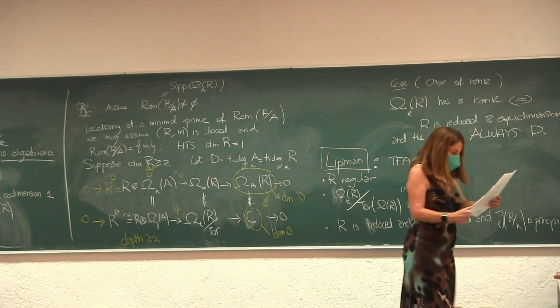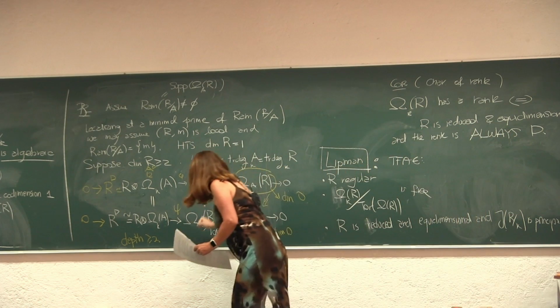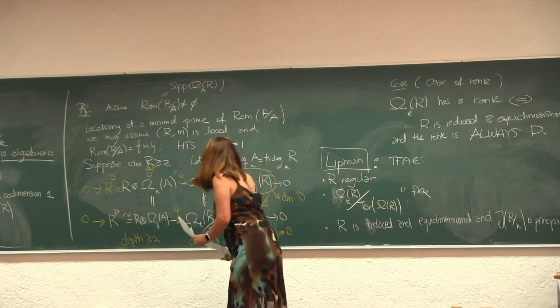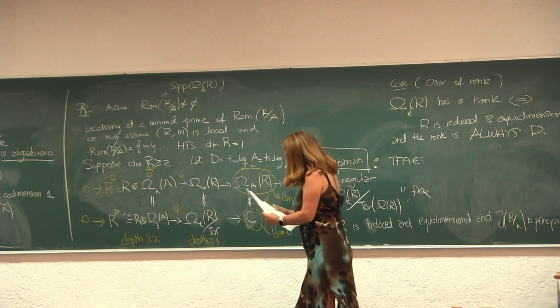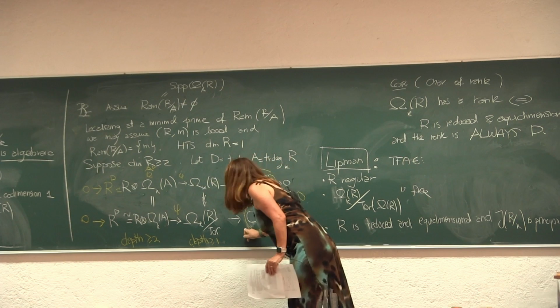Okay? But this guy has depth at least 1. Okay? Because this is torsion free. And so the depth of C is greater than or equal to 1.